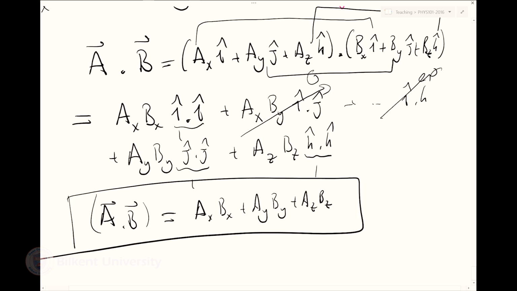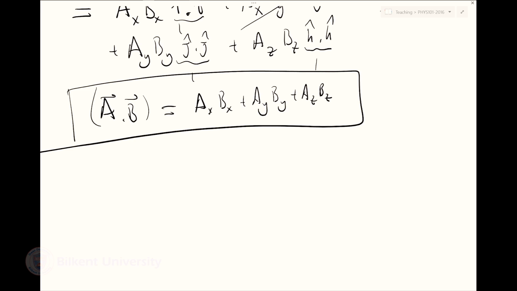Now, in the remaining time, I'll actually define one more vector multiplication. The second way to multiply vectors is you take 2 vectors, a and b, and out of them we make another vector.